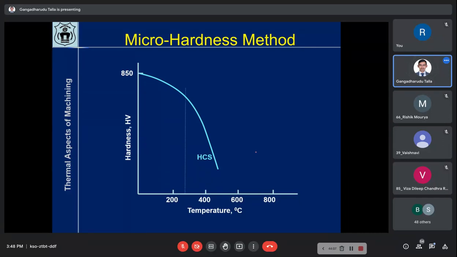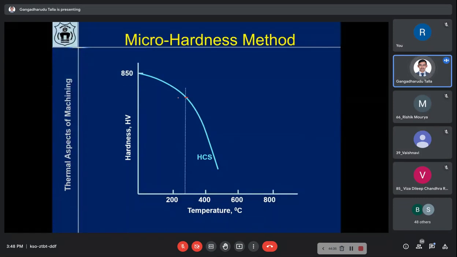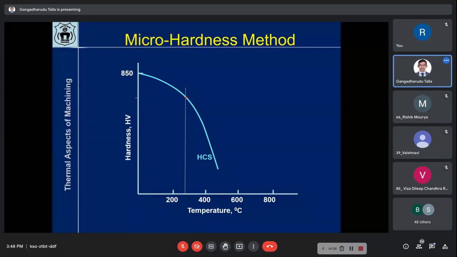Suppose you have done the cutting process on HCS material and you have measured the hardness, let us say the hardness number is some 700.